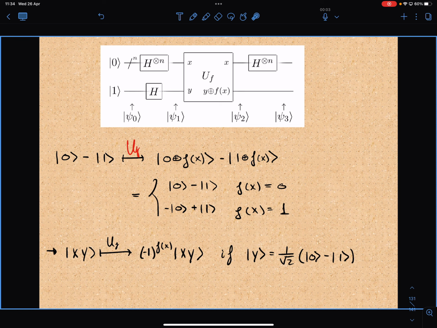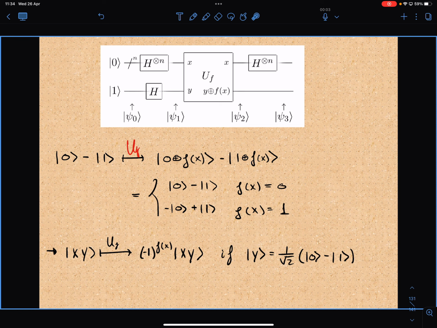And in here, the choice of 0 minus 1 is important. We're using more than just a superposition of two states. We're actually doing a superposition with a twist from the phase of minus 1.